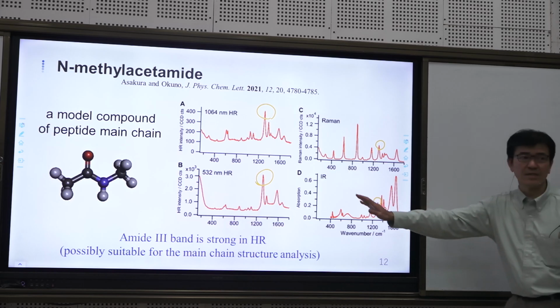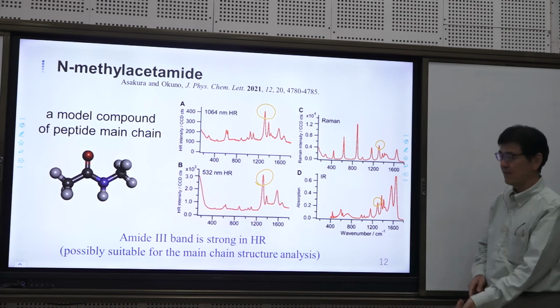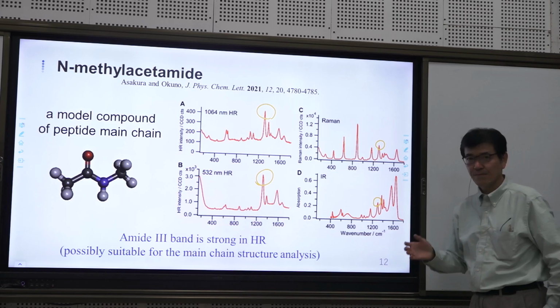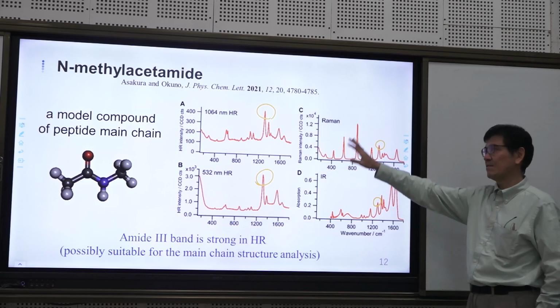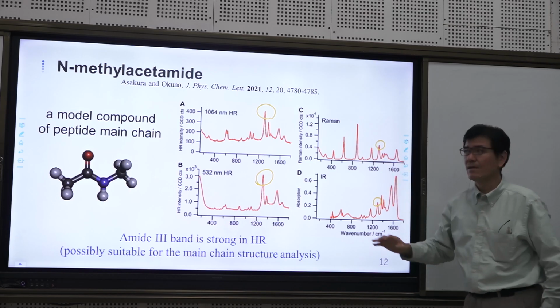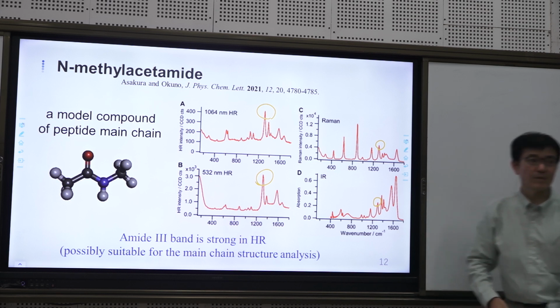Until now, I'm still pessimistic. In other words, hyper-Raman spectroscopy is thought to be new, but as far as watching the results of the non-resonance hyper-Raman spectrum, it looks like IR and Raman, so not very different.